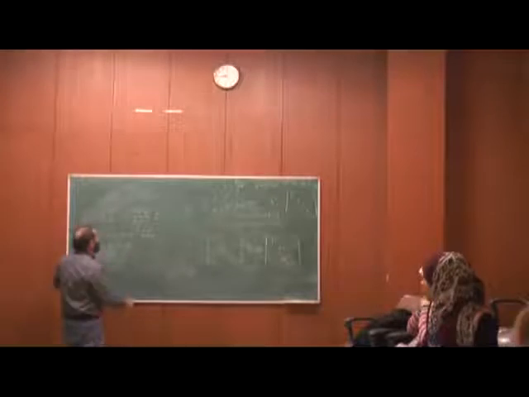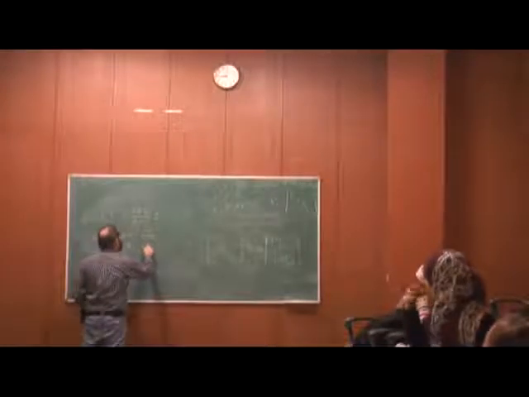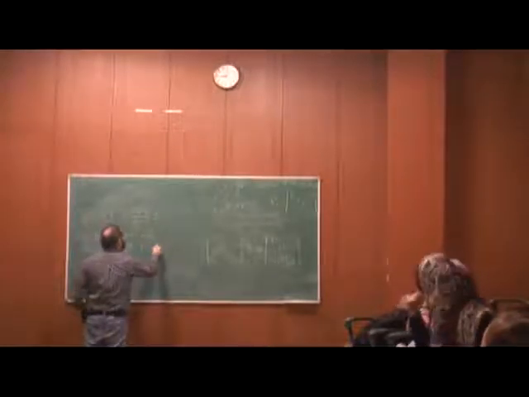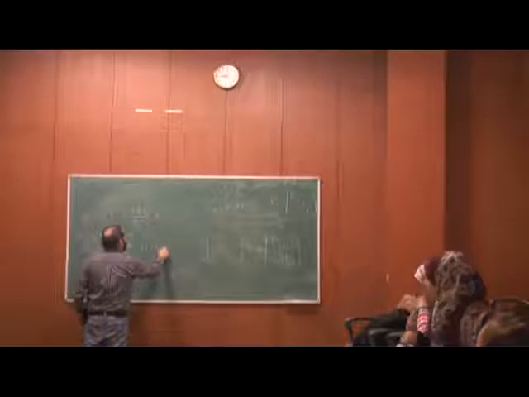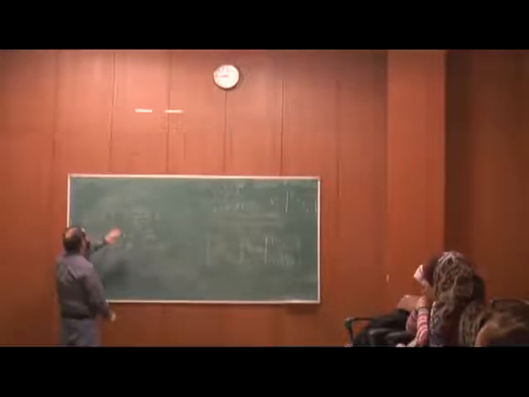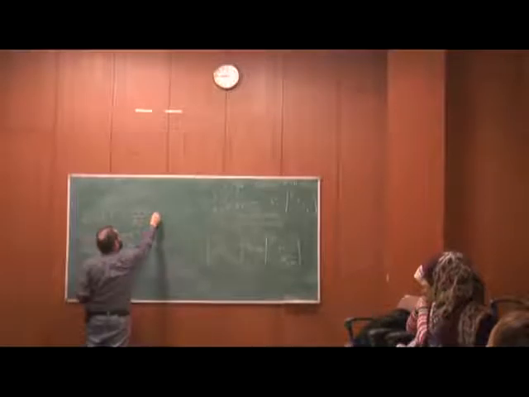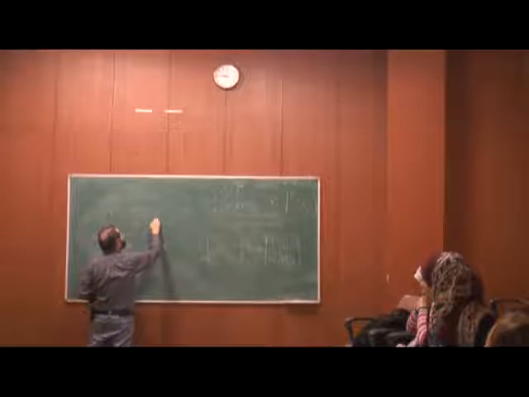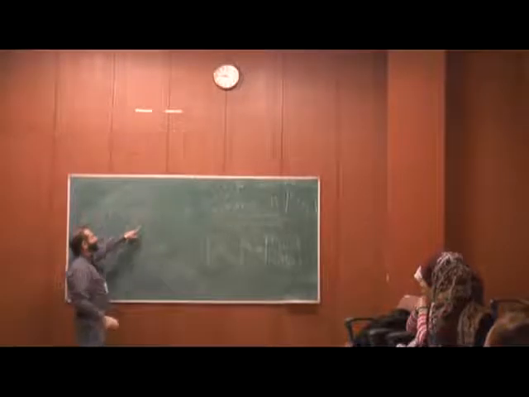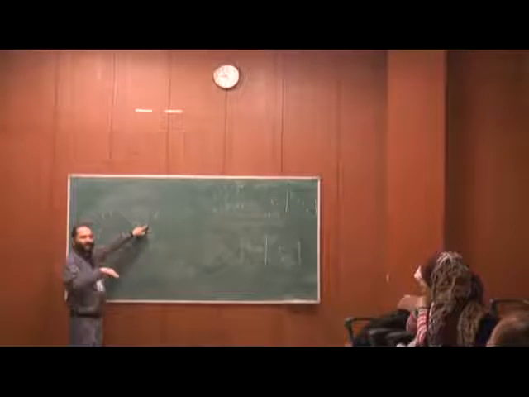Now, units of H are 1 over centimeter. Okay. Now, this quantity here has units of density, right? This is a density. So this quantity here has to have units of inverse of density, right?